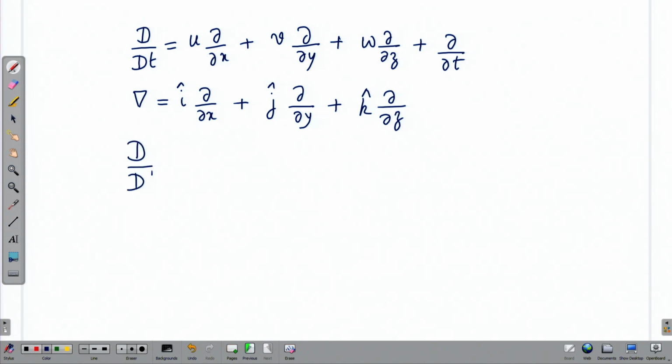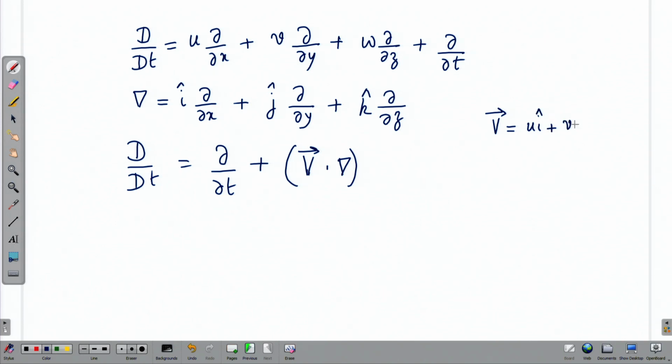In terms of the del operator, the substantial derivative can be further expressed as V dot del, because V is U i plus V j plus W k, and we have already written the del operator. When you dot these two, it produces U del x plus V del y plus W del z. So, we have been able to work out the expression of a substantial derivative.